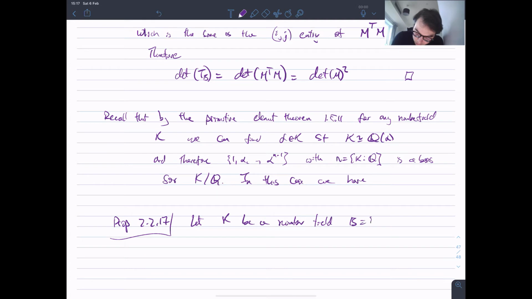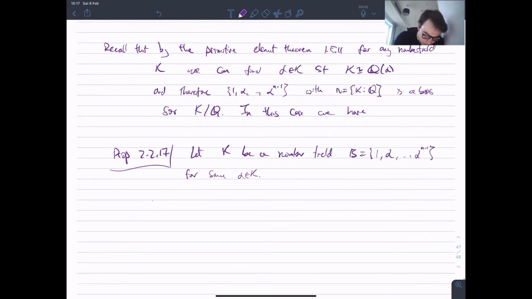And b, this basis 1, alpha, to alpha to the n minus 1, for some, say, alpha in K. Then what does it say?